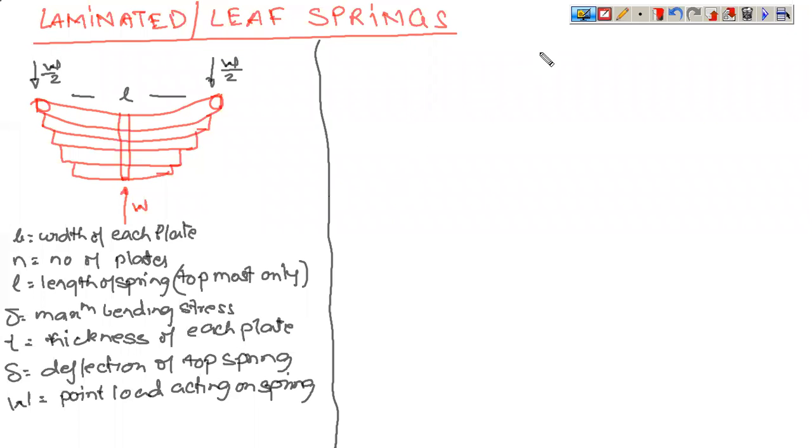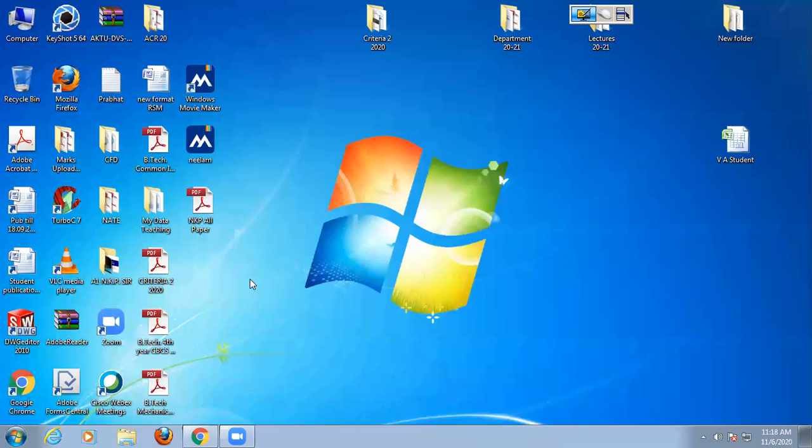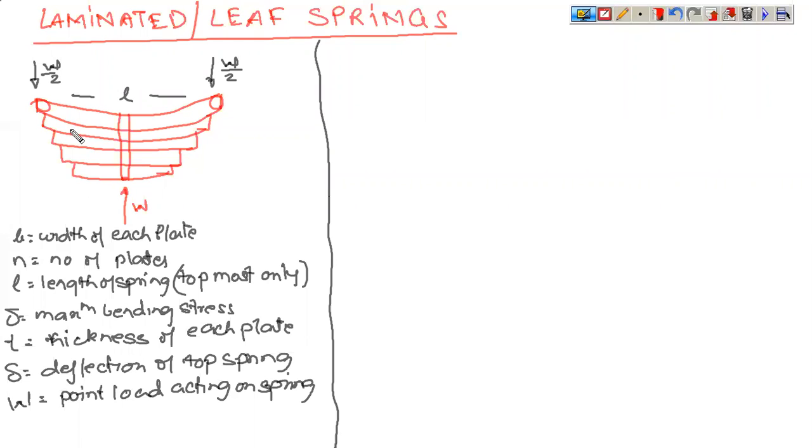So here what happens is you have a series of plates. These plates are of decreasing length, and they are bolted through a single bolt, and this portion rests on the suspension which is supporting the tires.